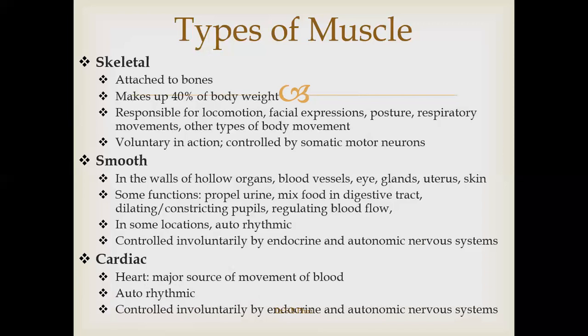Cardiac muscle cells are the major source of movement of blood. Blood is being pumped by the ventricles. You have the two atria chambers, and down there we have the two ventricles. When the ventricles are contracting, they squeeze blood into the aorta and the pulmonary circulation so that blood can be transported to the lungs for oxygenation or gaseous exchange.